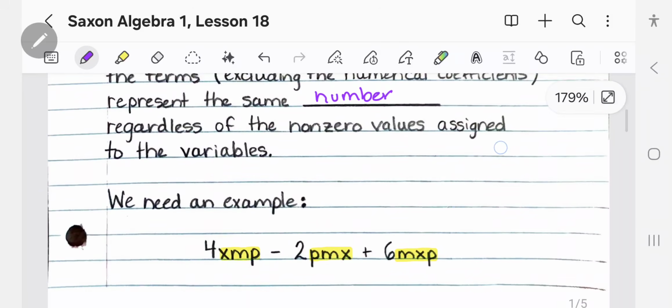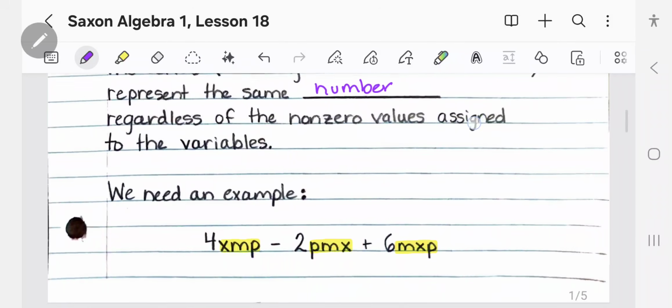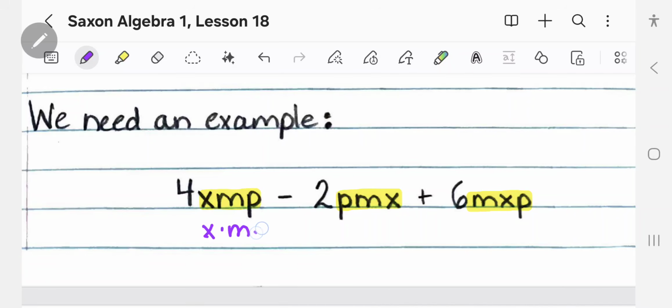Well, remember in our definition it said variables in the same form, or in equivalent forms. Now we've learned about the commutative property, and we know that you can multiply in different orders and you'll get the same answer. So x times m times p is going to be exactly the same as p times m times x, which is the same as m times x times p.